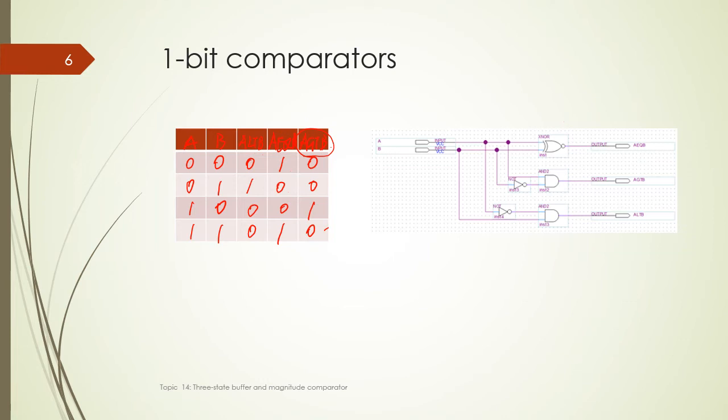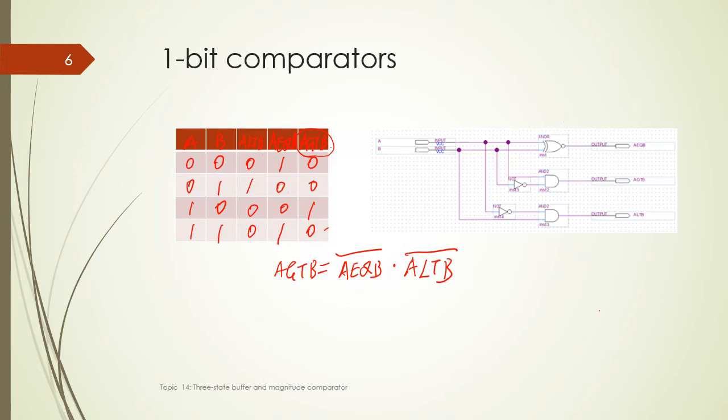So A greater than B basically means A not equal to B. And at the same time, A is not less than B, right? So basically, A greater than B should equal to this too. So we have an alternative way to do this.